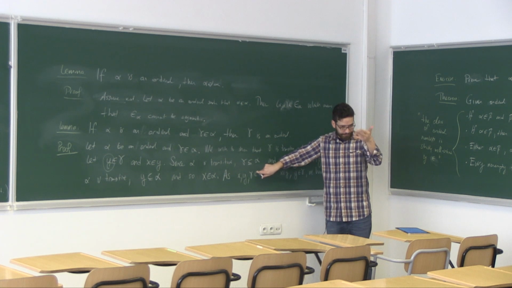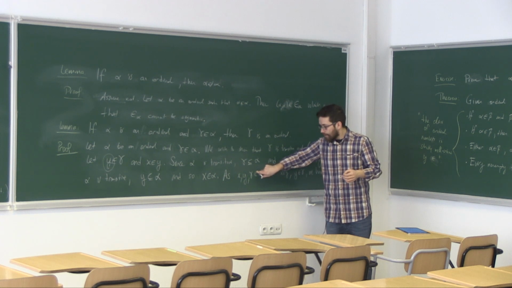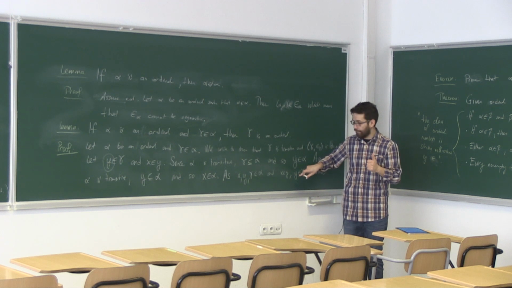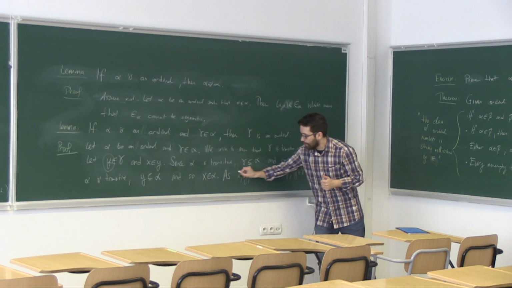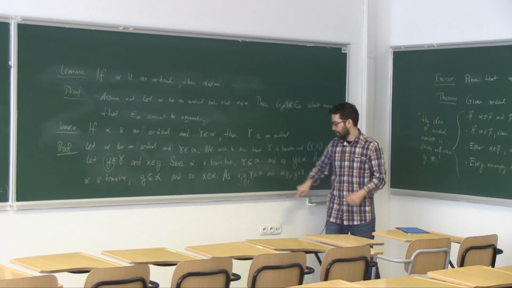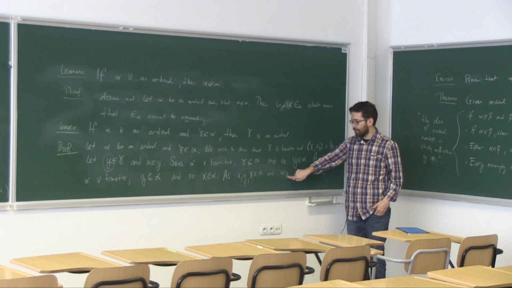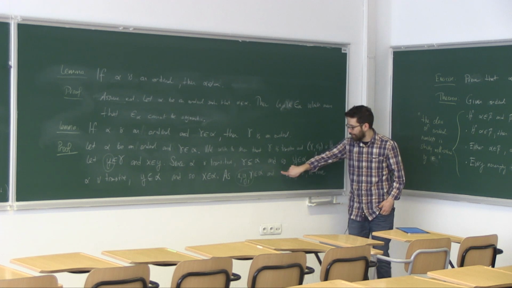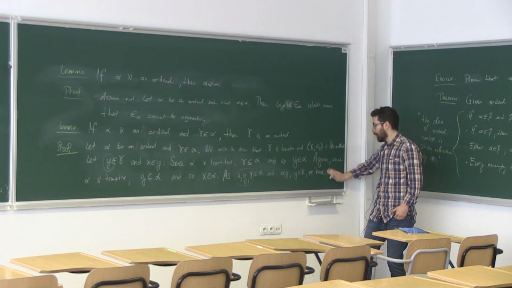Now, alpha is strictly well-ordered by the membership relation. As a part of the definition, the membership relation is a transitive relation on alpha, meaning that if you pick three elements of alpha such that one of them is related to the other and that one is related to some third one, then the first one and third one are related, okay?